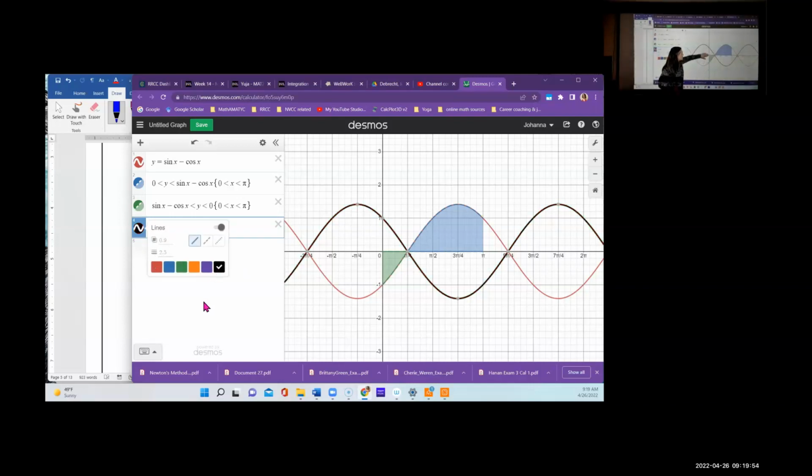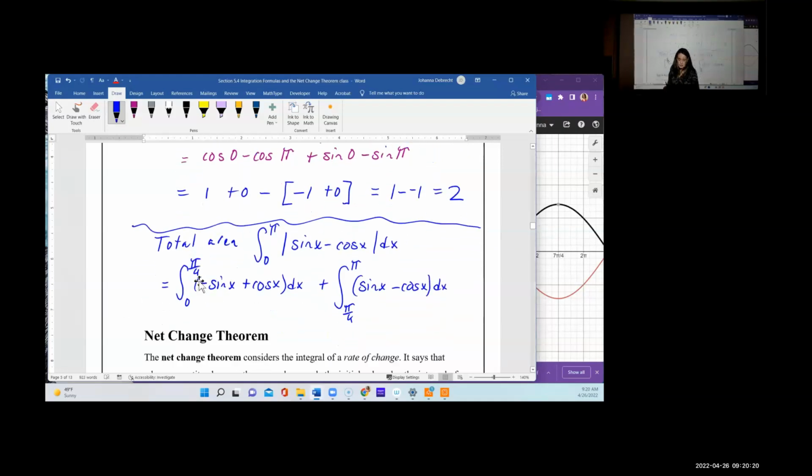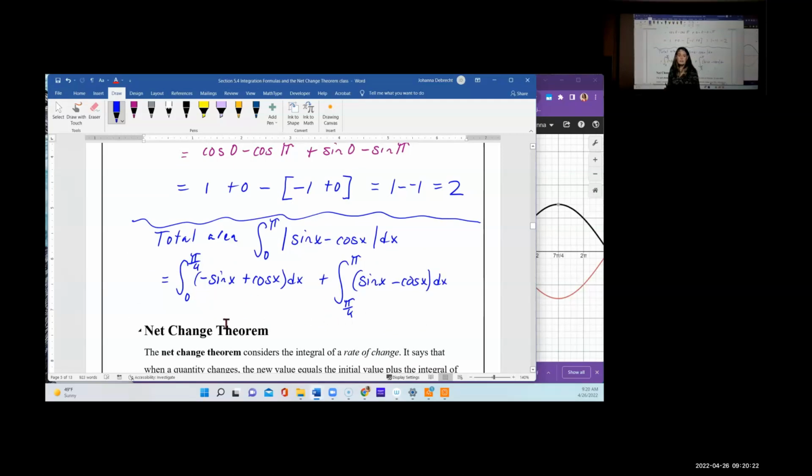In this section between 0 and pi over 4, instead of being below the axis, now it's been flipped above the axis. So we would multiply by a negative in the region where it's below the axis, and then in the region where it's above the axis or on the axis, we would go ahead and leave it as it was before, sine x minus cosine of x dx. And then we would integrate these two integrals separately, and that would give us the total area.